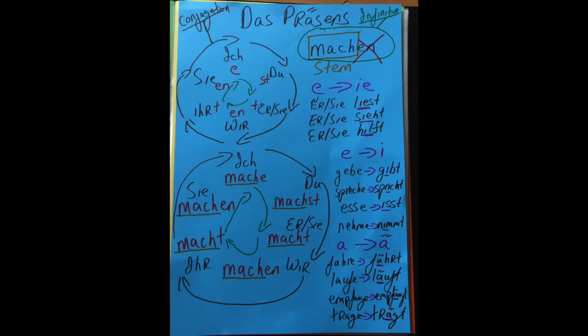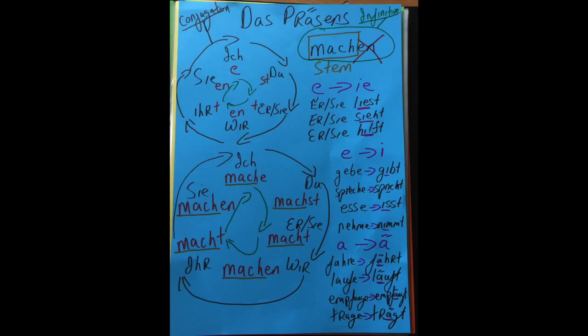And then finally, there are certain verbs that change from an A to an A umlaut, ä. So: ich fahre, I travel, sie fährt. Ich laufe, I run, sie läuft. Ich empfange, I receive, sie empfängt. Ich trage is I carry or I wear, sie trägt.